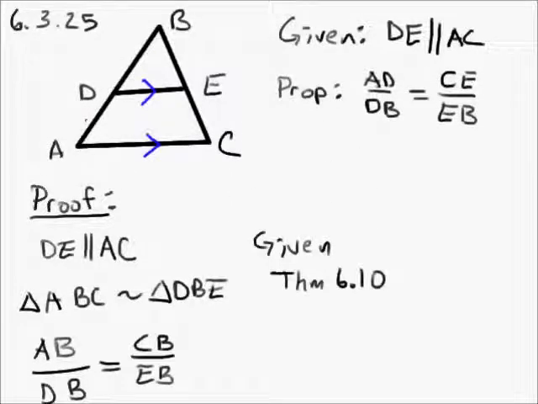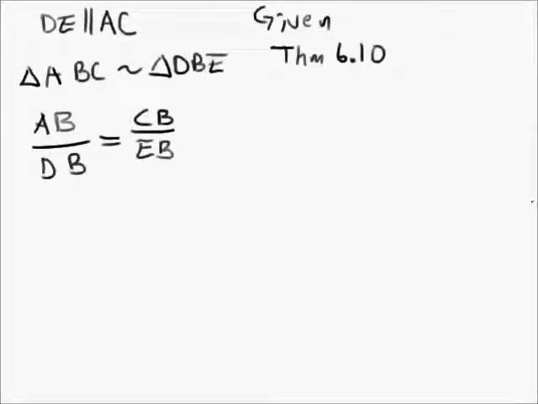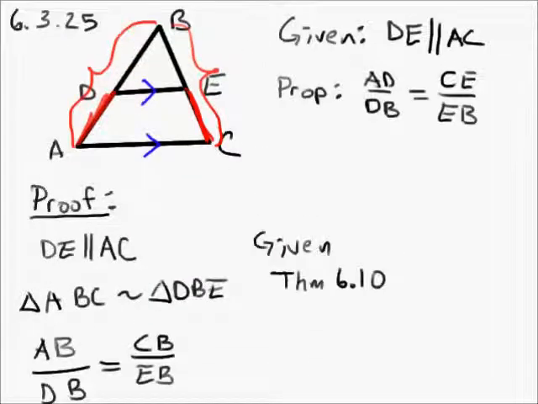We're looking for AD. We're looking for this little part here. And all we have to work with is the entire thing. Likewise, we have this little part over here, and all we have to work with is the entire thing. AB.